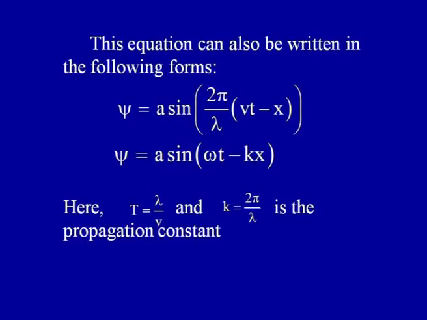Here T is equal to lambda by v and k is 2 pi by lambda, the propagation constant. This second form, psi equal to A sine omega t minus k x, is commonly used.